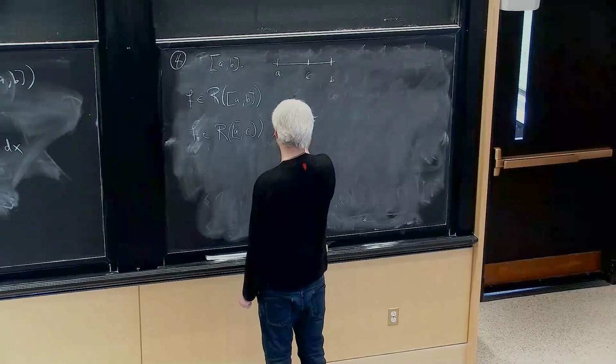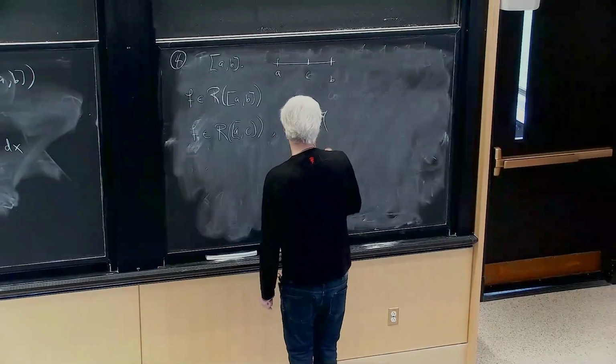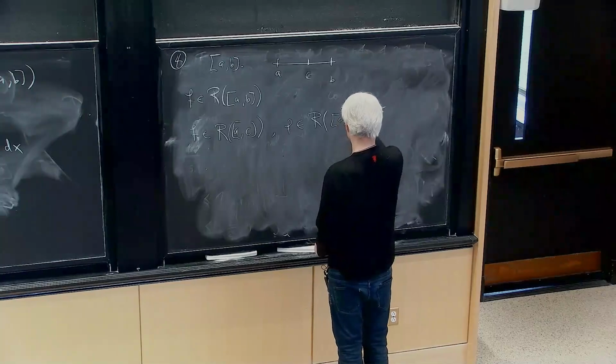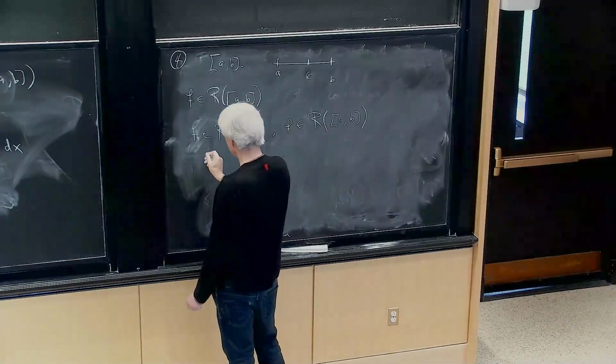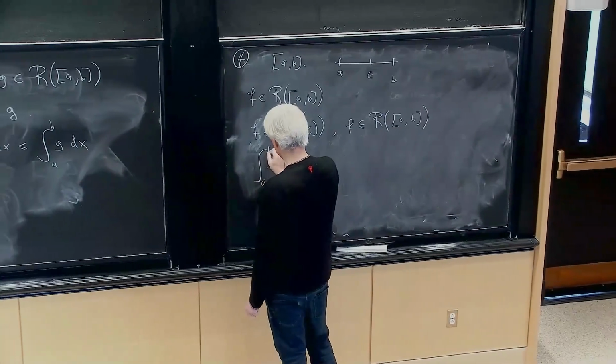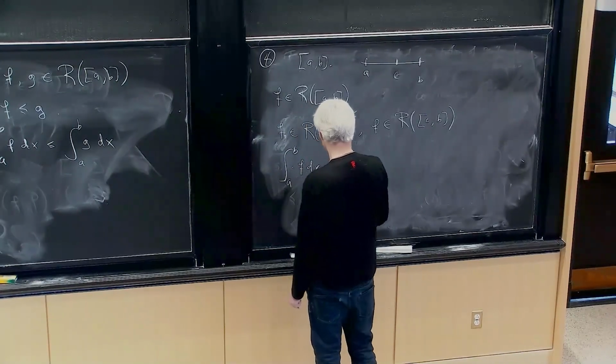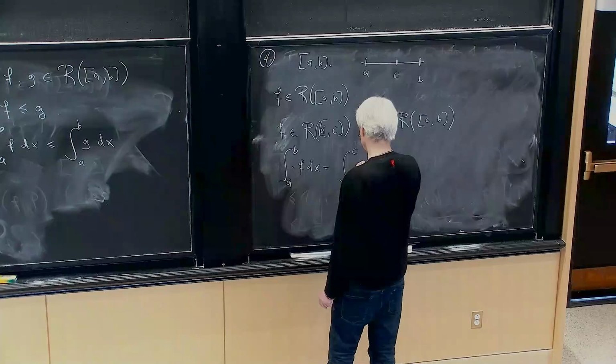And f is also integrable from c to b. And the claim is that the Riemann integral on the original interval is the sum of the Riemann integrals.